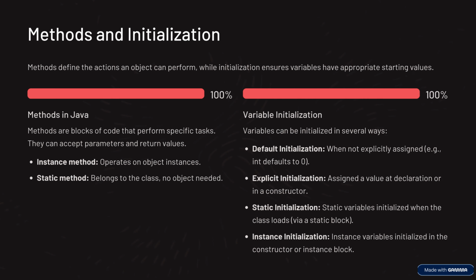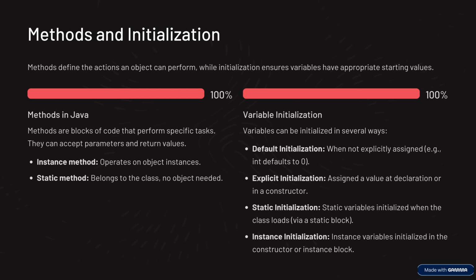Methods and initialization. Methods define the actions an object can perform, while initialization ensures variables have appropriate starting values. Methods in Java. Variable initialization. Methods are blocks of code that perform specific tasks. They can accept parameters and return values. Instance method: operates on object instances. Static method: belongs to the class, no object needed. Variables can be initialized in several ways. Default initialization: when not explicitly assigned, e.g., int defaults to 0.